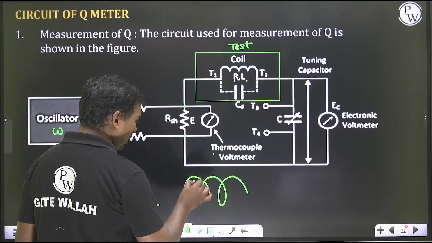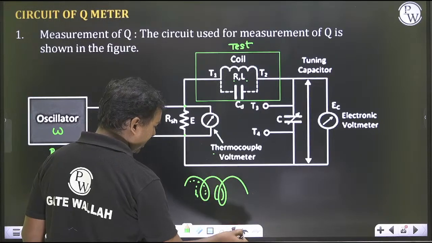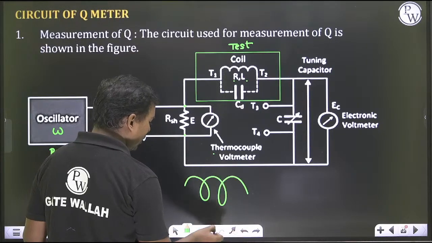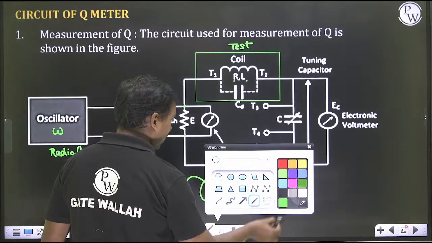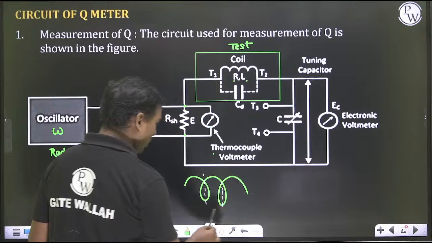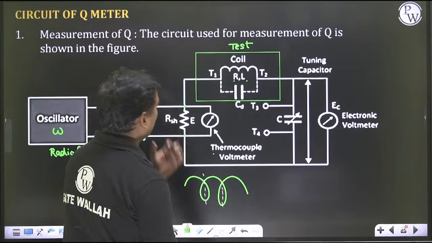Whenever current passes here, current is entering and current is leaving, so definitely at these edges there is a possibility of capacitance.